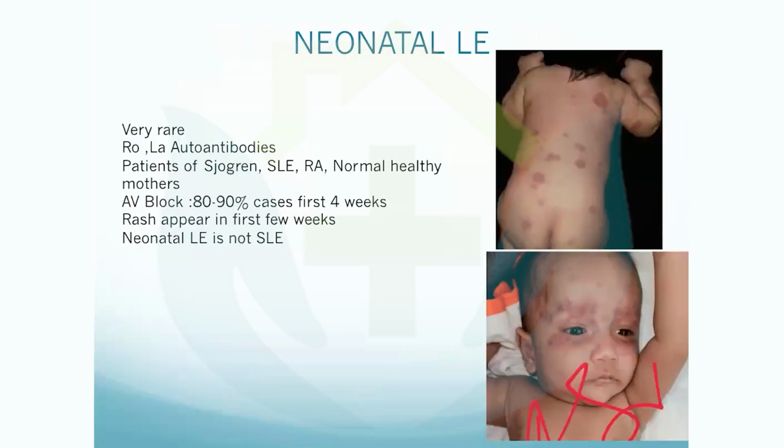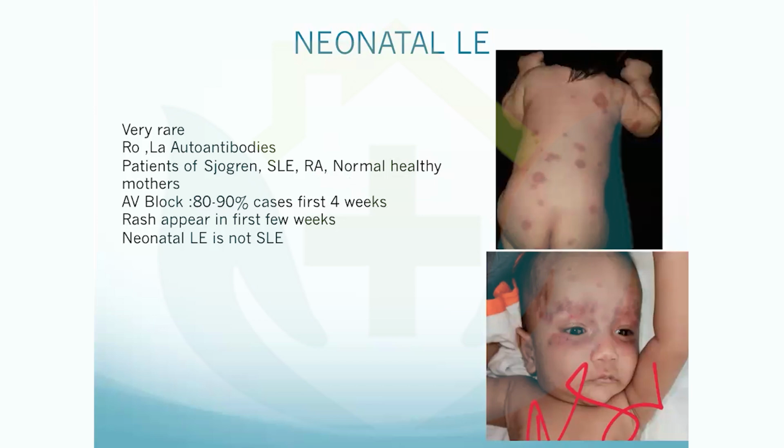Here I just want to mention neonatal LE, because you will be dealing with patients with SLE, rheumatoid arthritis, Sjogren's, and they can have a baby who is born with this erythematous rash. This is very rare. It is because of the transmission of anti-Ro autoantibodies, maternal transfer to the baby. It can also occur in normal healthy mothers whose antibodies were undetected.